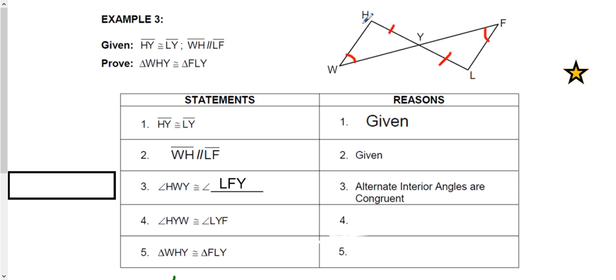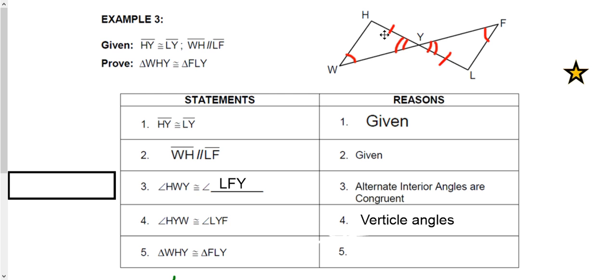HYW, which is this angle, is congruent to LYF. LYF is this one right here. And hopefully you remember that these are vertical angles, and vertical angles are always congruent. But if you look at this picture, we do have two angles and a side, but it's not the included side. It's because they did the wrong angle right here.